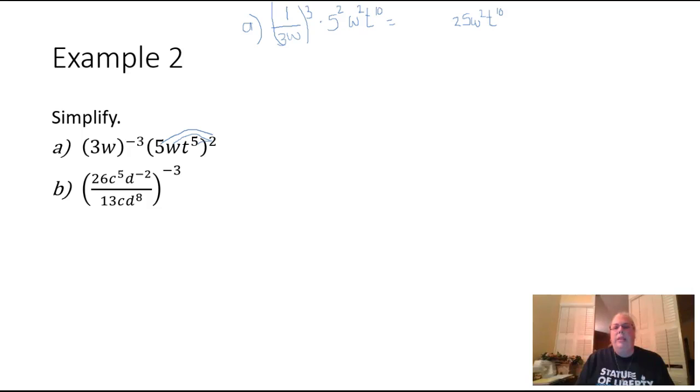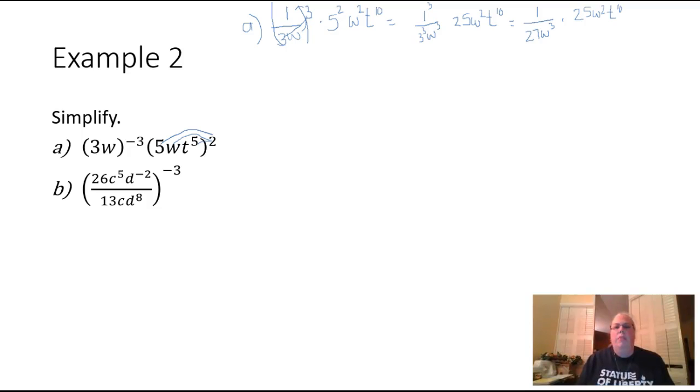Over here, now I'm going to take my 3 exponent and apply it to all 3 of my bases in parentheses here. So I have 1 to the 3rd divided by 3 to the 3rd and w to the 3rd. So this is going to give me 1 over 27 w to the positive 3 power, and this is being multiplied by 25 w to the 2nd power t to the 10th power.